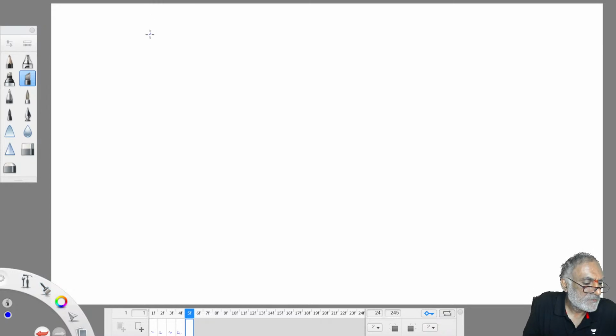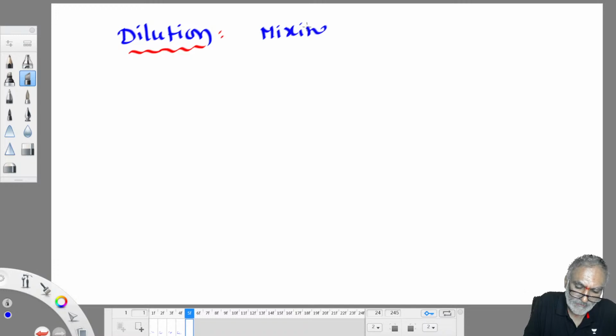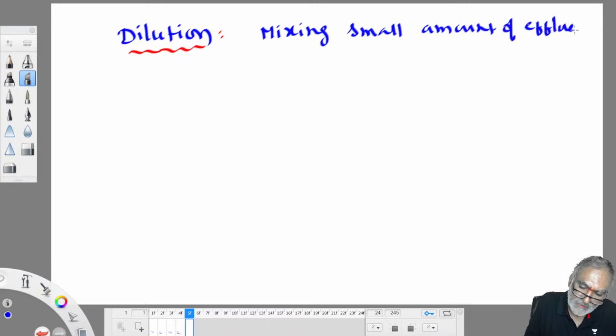Dilution and dispersion, both of them reduce the concentration of substances present in the water body. Dilution means what? Mixing a small amount of effluent into a large amount of fresh water body.